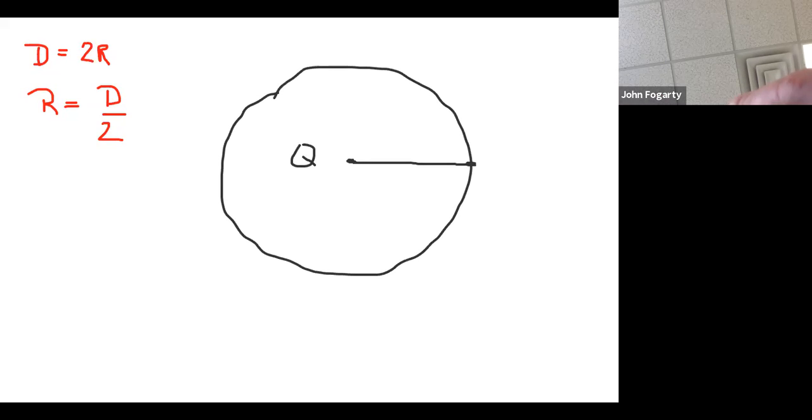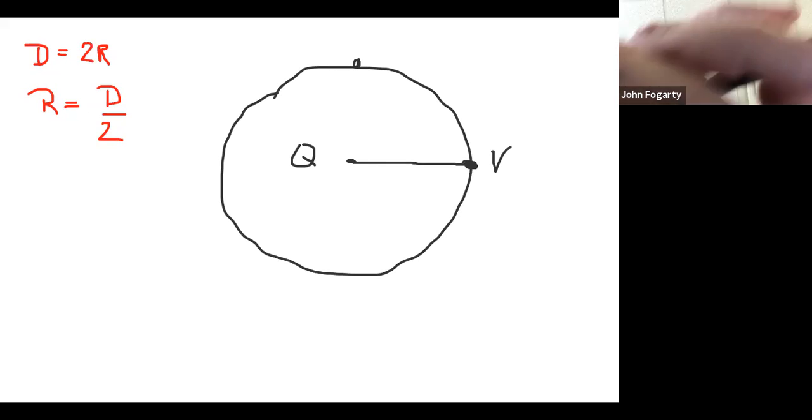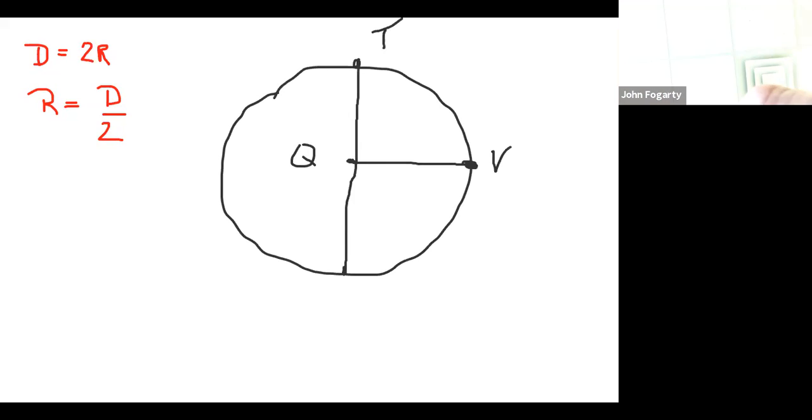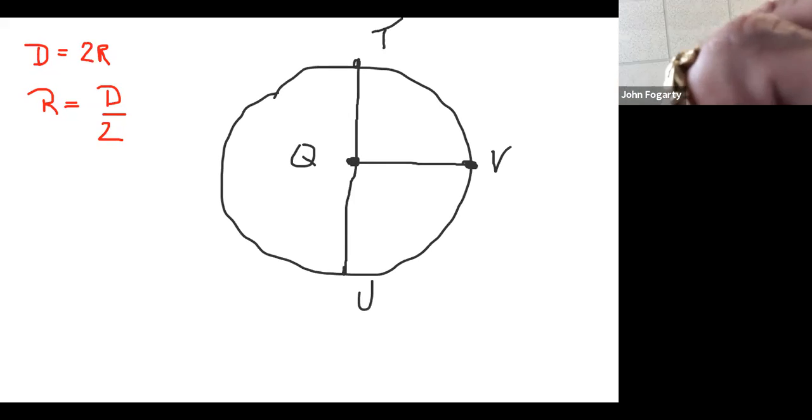And then I'm going to draw this segment, QV. And then I'm going to draw this segment right here. And I'm going to call that TU. Now, if TU looks like a diameter, why does it look like a diameter? Because it is. How do you know it is?